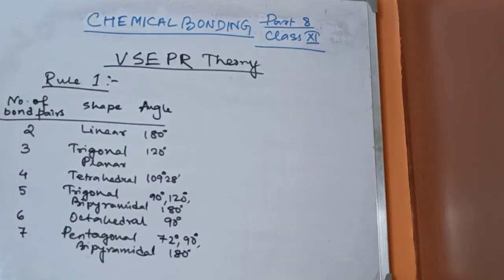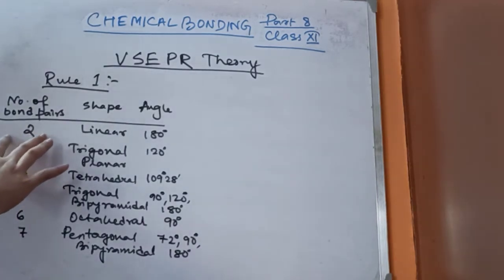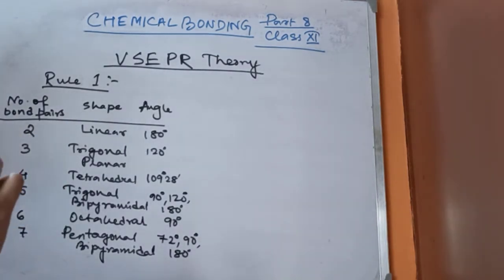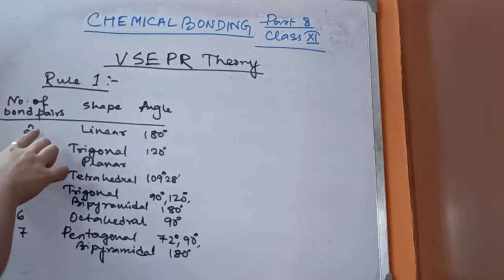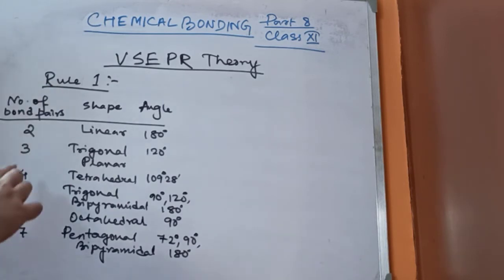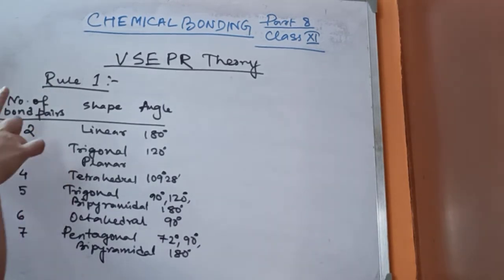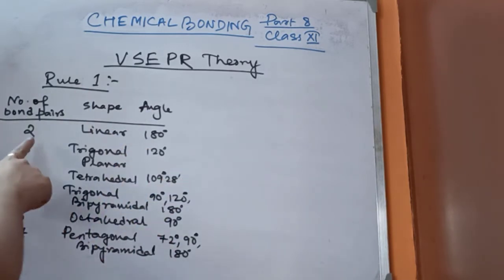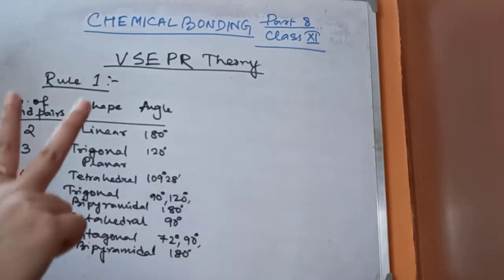Now this is the chart which is required in order to depict the shape of the molecules. Now these are the number of bond pairs. We all know that one electron pair will form a single bond. So bond pairs means one pair forming one bond. If there are two bond pairs, this means that two bonds are formed. If there are three bond pairs, three bonds are formed.